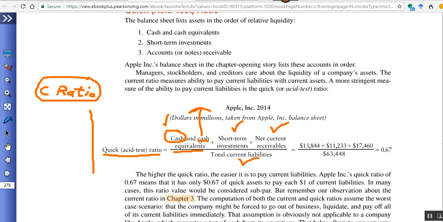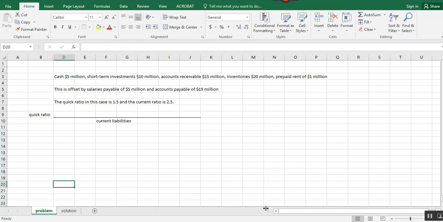But let's talk about cash equivalents for a second, because this has a tendency to trip people up. The best way to talk about cash equivalents is to look at an example. Let's say we have cash of $5 million, short-term investments of $10 million, accounts receivable of $15 million, and inventories of $20 million.